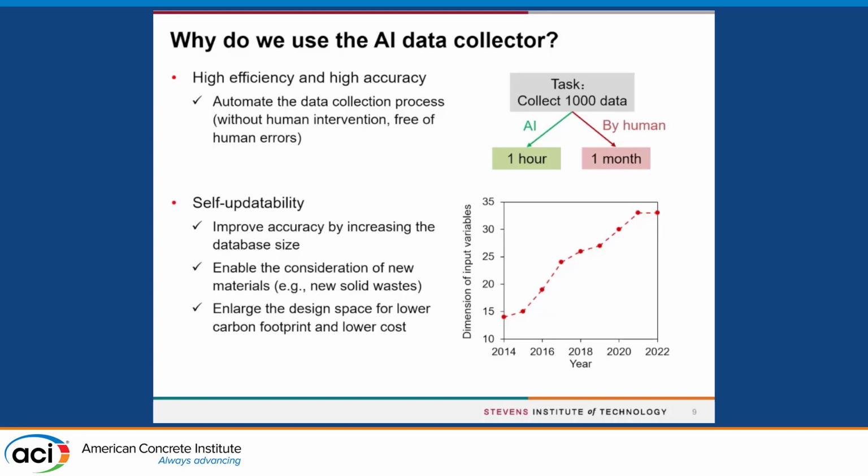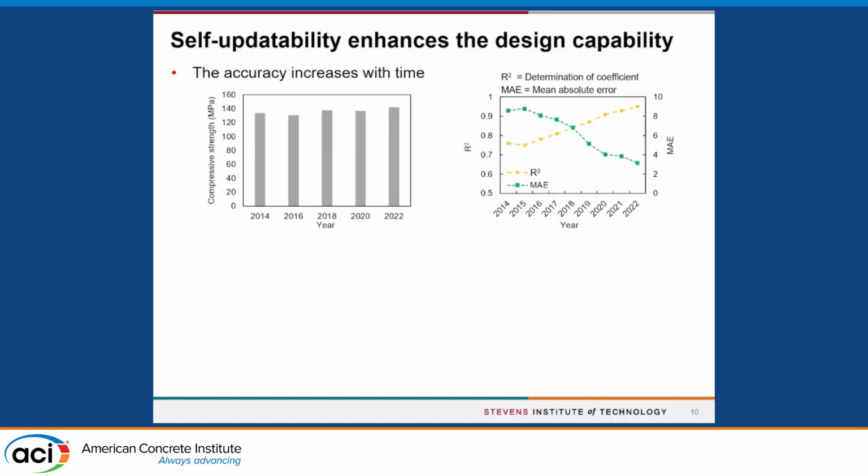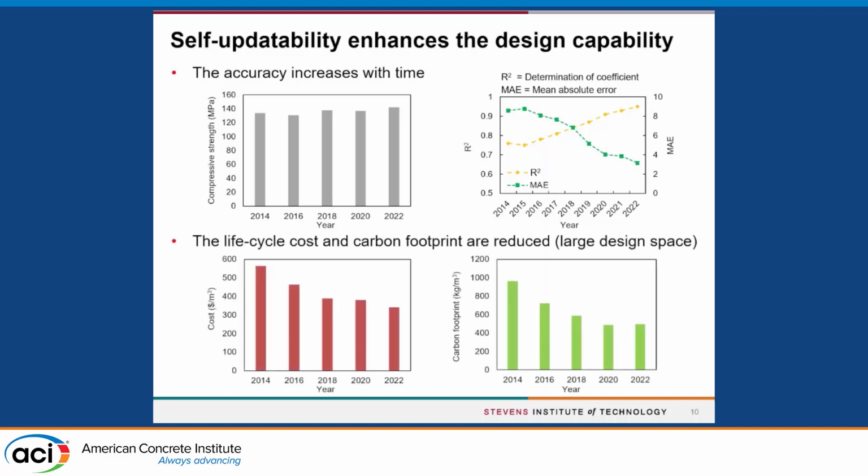Another benefit is that it enlarged the design space for lower carbon footprint and lower cost, because more solid wastes are considered. From our studies, we found that the self-updatability significantly enhances the accuracy of the machine learning models over time, as more and more data is collected. In the meanwhile, the life cycle cost and carbon footprint are reduced, again, because more new types of solid wastes are considered.